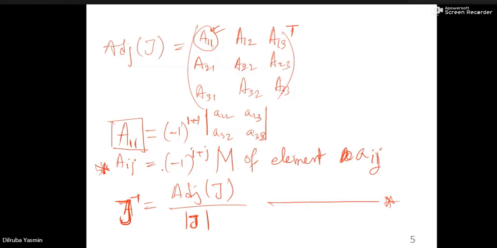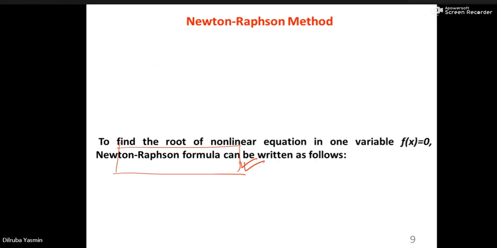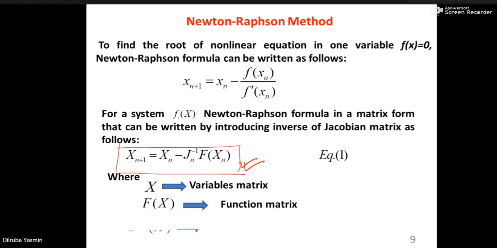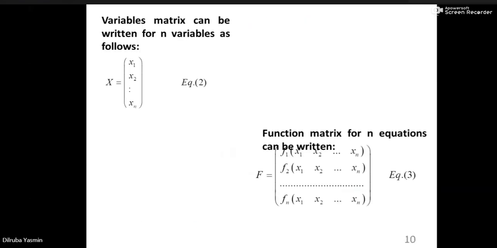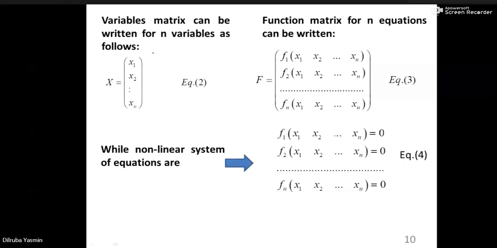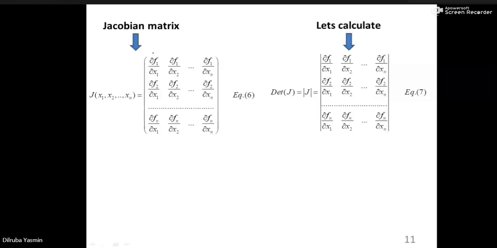And when you get the cofactors, you have to transpose it. Then you will get the adjoint of the Jacobian matrix. So for getting the inverse Jacobian matrix, you should follow the formula. And if you get the inverse Jacobian matrix, finally you can apply the matrix form of the Newton-Raphson formula.